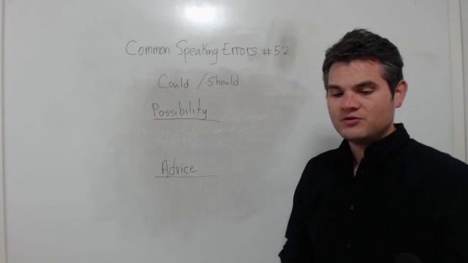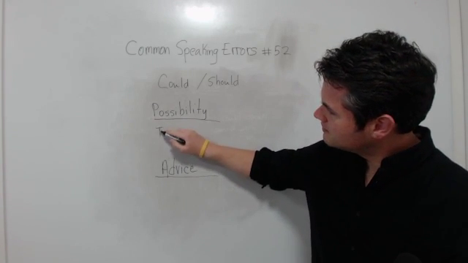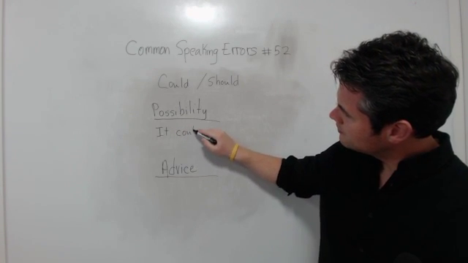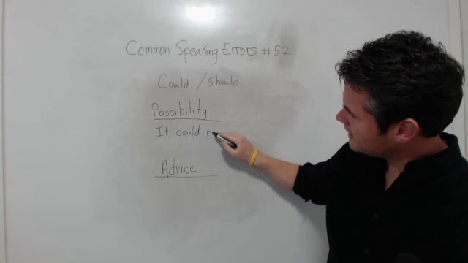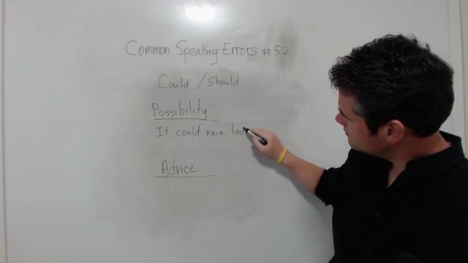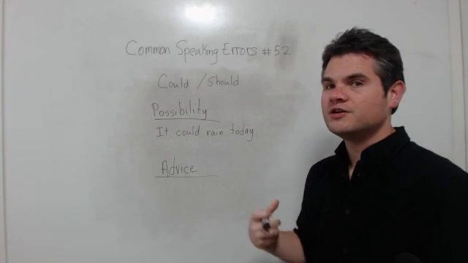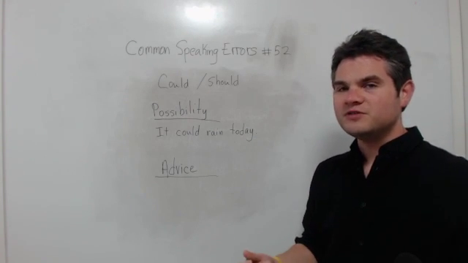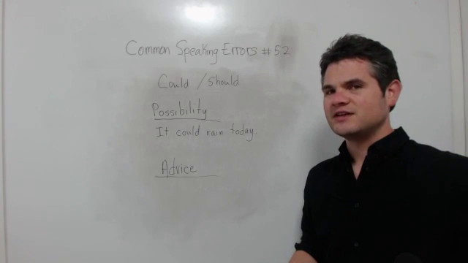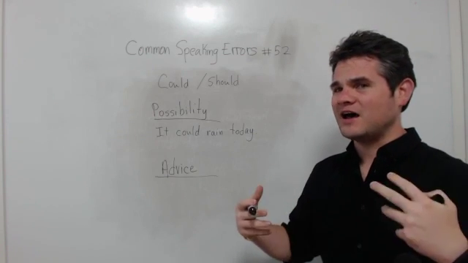So if I wrote the sentence, it could rain today. If you said that to me, then I'm thinking the connotation carries that it may or may not rain.